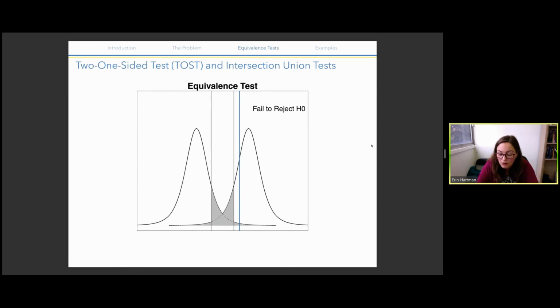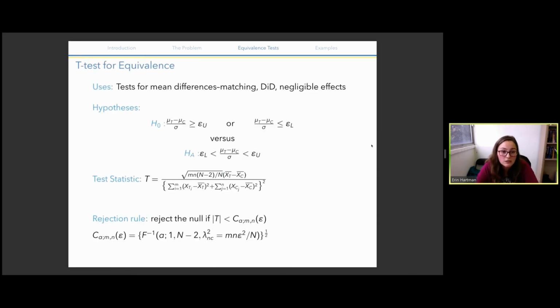And so what we actually talk about in the paper is the uniformly most powerful invariant test for equivalence. That's the t-test for this. And so this is, once again, good for difference in means, where if we're looking, say, at matching, difference in difference, some sort of negligible effect. And we set up our hypotheses the same way.